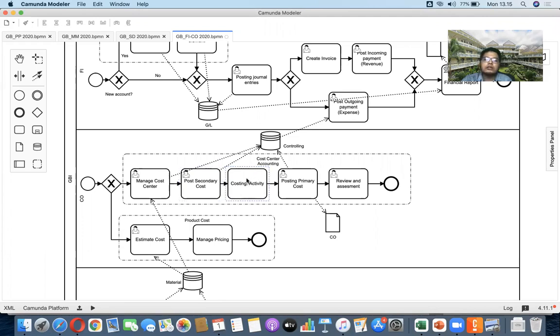You will learn this when you take the course on cost analysis and estimation. And then we post primary cost. This is already aggregated to one big cost, and then you can check, and it goes to total expense in the financial, and we can review and assess every time.